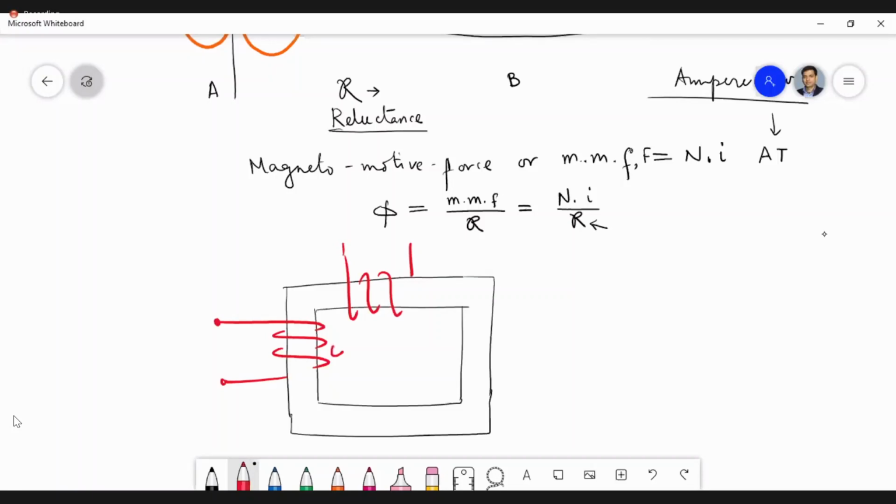So this is one coil, and this is coil 2. And I have connected a voltage source, an alternating voltage source or AC voltage source, with coil 1. To excite coil 1, I am using an alternating voltage source.